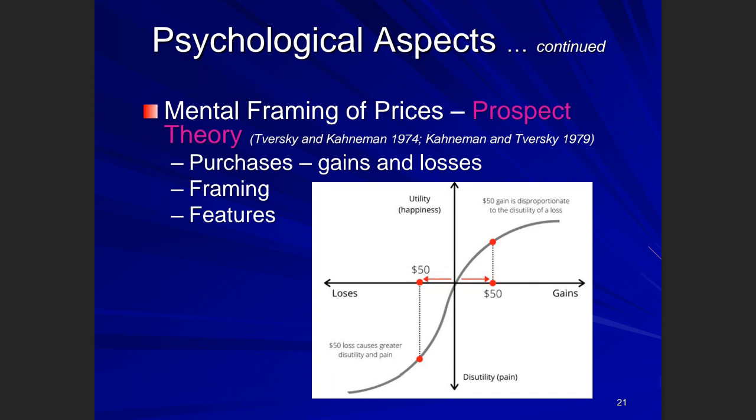So gains and losses have different effects on us psychologically. Paying out a sum of money, which is an economic loss, is more painful than foregoing receipt of the same amount.